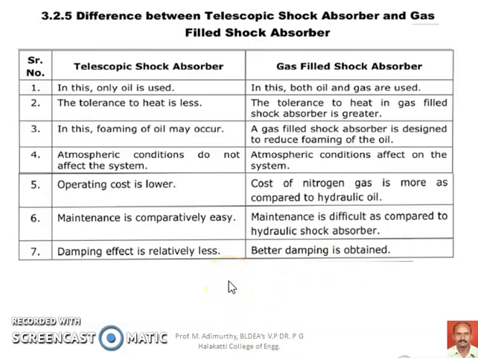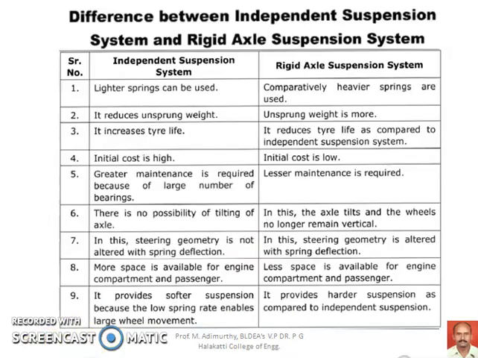These are the important differences between the hydraulic shock absorber and the gas-filled shock absorbers. Similarly, we can have a comparison for independent suspension system and rigid axle suspension system. So the facts we have already discussed. Here lighter springs are used in independent system, whereas heavier springs are used in rigid axle suspension.